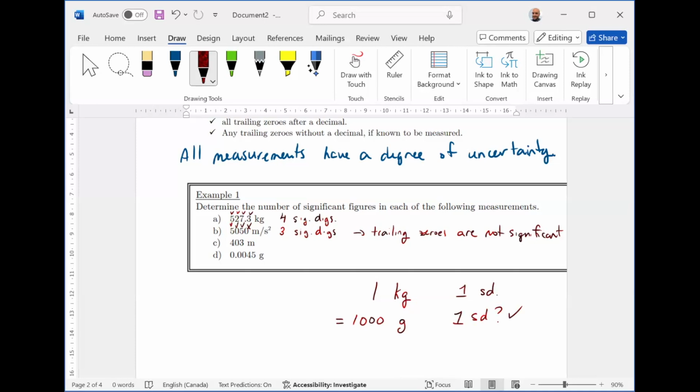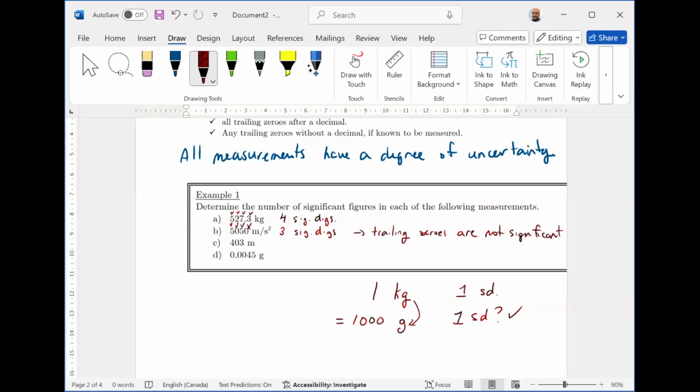These zeros in this case are merely placeholders. And the way that we can think about it is that if you use a not very precise scale, and it told you that you have 1 kilogram, not 1.0 kilograms or 1.00, just 1 kilogram, that's not very certain. So you have very low certainty. You only have one significant digit. Merely changing the unit from kilograms to grams does not increase your certainty in any way.